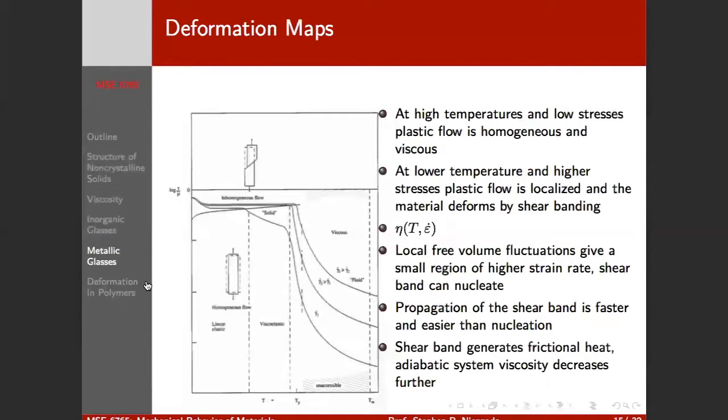And they've done measurements that showed temperature rises only on the order of 1 to 10 Kelvin, right? So whether or not it's a thermal effect or something else, or other increased mechanism in free volume, we really don't know. Most people tend to think there's a very significant temperature rise within the shear band, right?